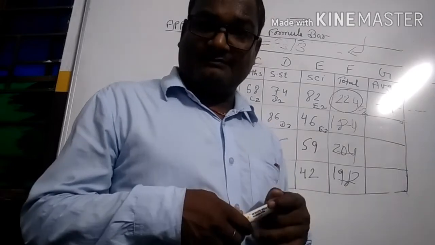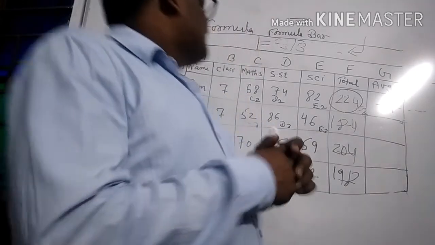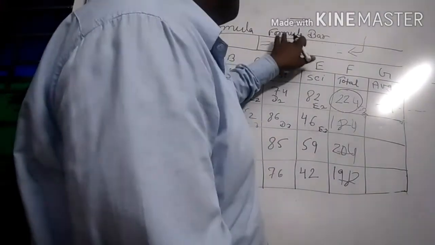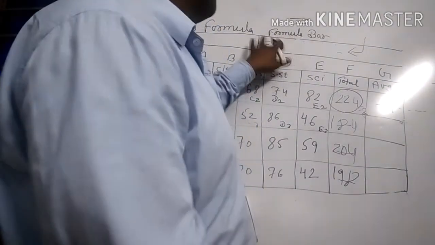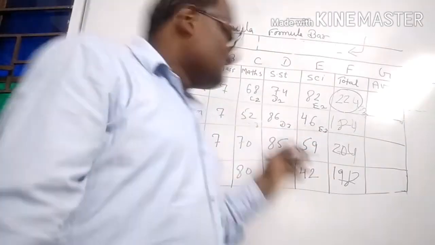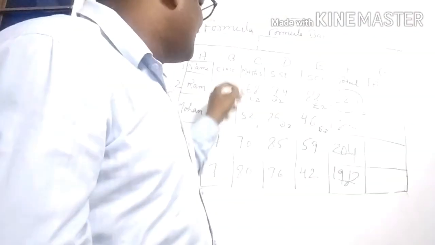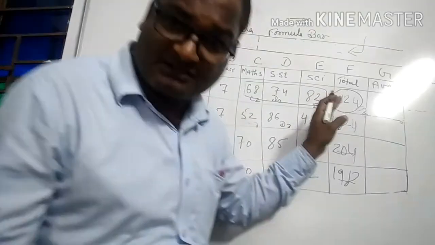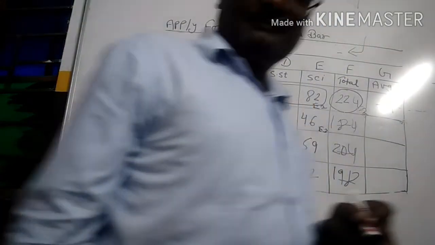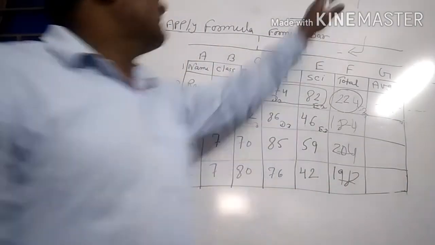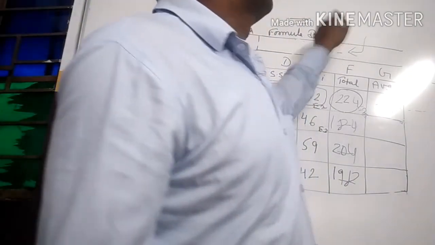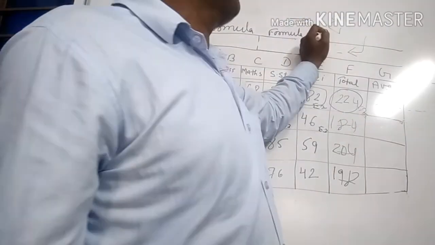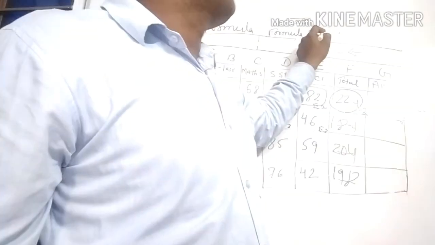What is the second way? Just select this row by the help of the mouse. Here is this type of symbol, and when you click this symbol, it says Auto Sum.